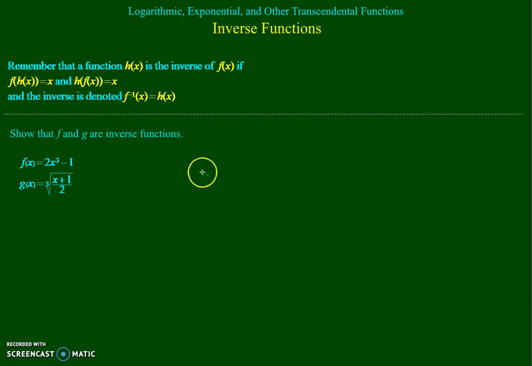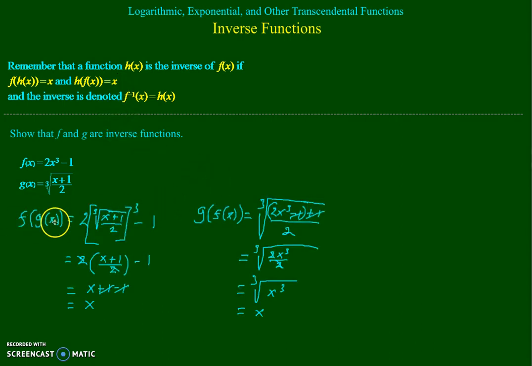All right. So here is my solution. I said f of g of x, that gives us 2 times, wherever there's an x, I put the g of x in there. So this whole quantity is replacing that x. We cube it, minus 1.